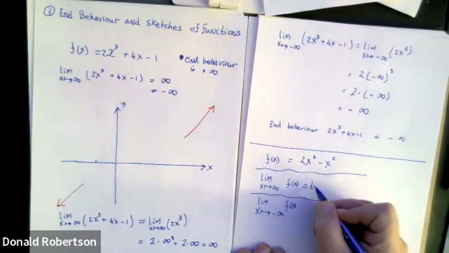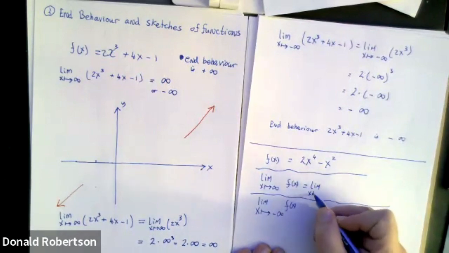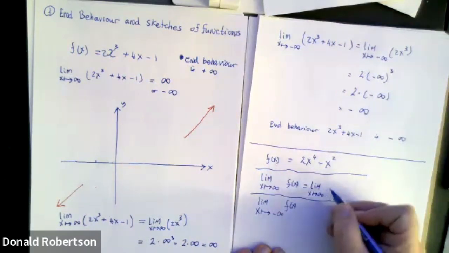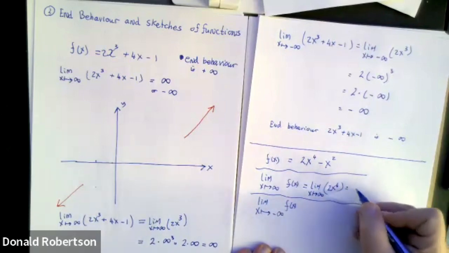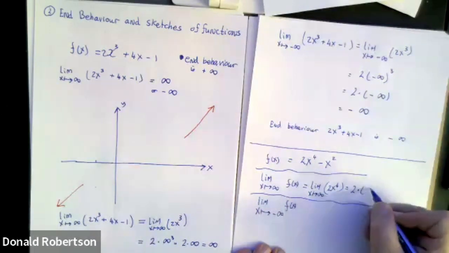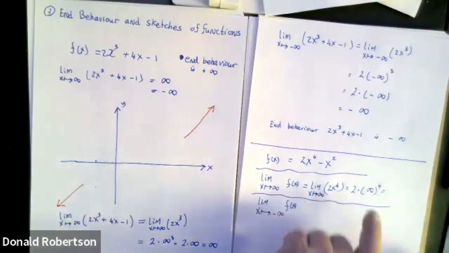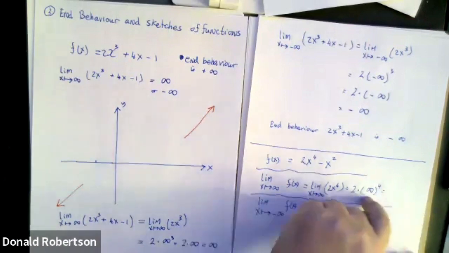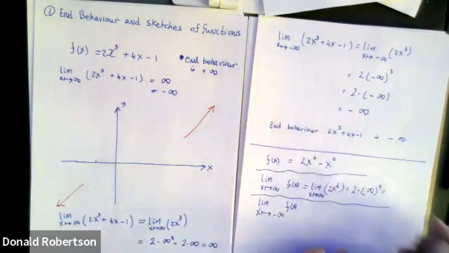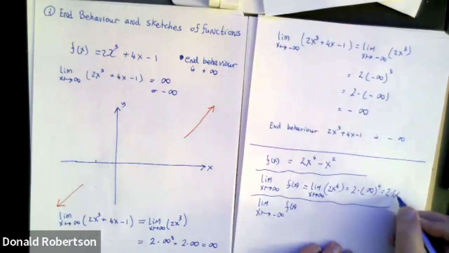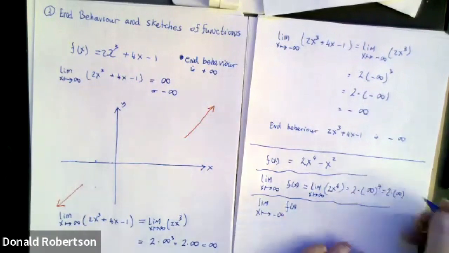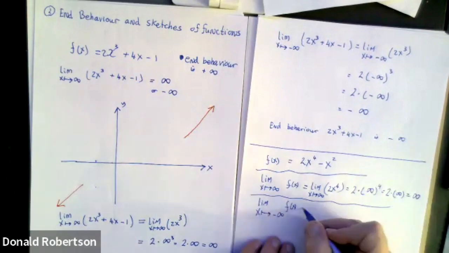Now this is going to be the limit as x tends to infinity of that guy. And that's going to be 2 times infinity to the power of 4. Positive infinity times positive infinity times positive times positive infinity gets you positive infinity, and doubling positive infinity gets you infinity.